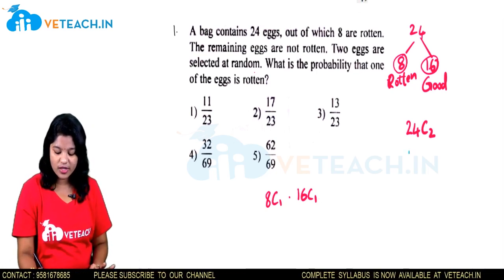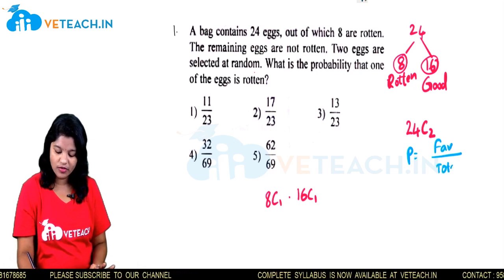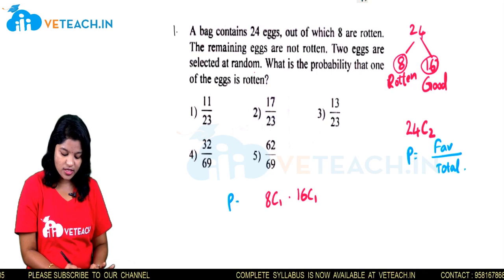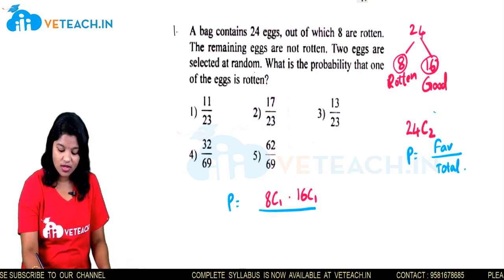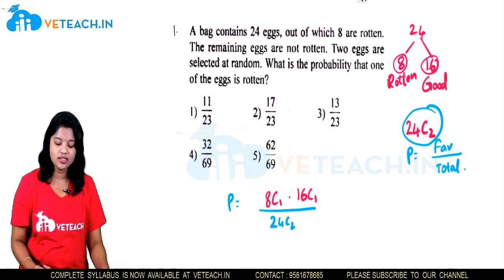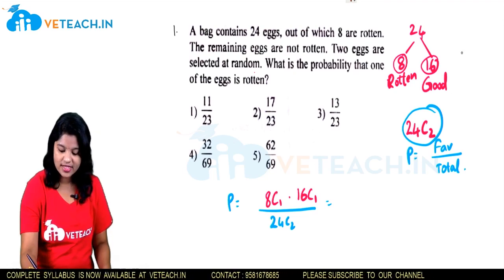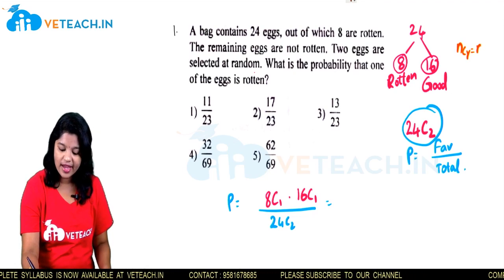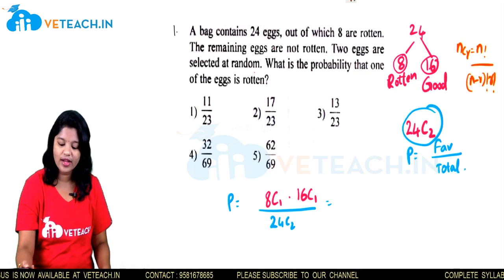The formula of probability is favorable events by total number of events. Now probability is equal to this favorable condition, 8C1 into 16C1, divided by total number of events, that is out of 24 select just 2 eggs, 24C2. We know the formula of nCr is equal to n factorial by n minus r factorial into r factorial.